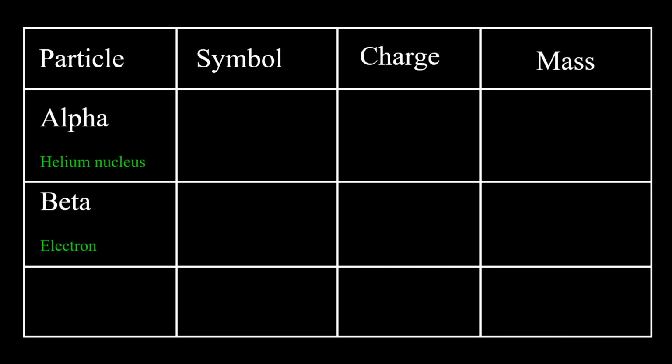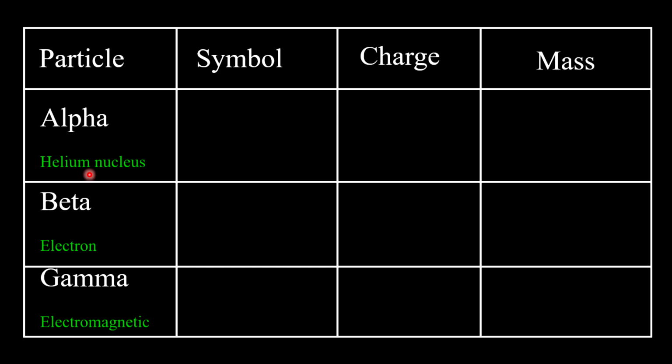The next one we're going to talk about will be the beta particle. The beta particles are fast moving electrons, so their properties are just like electrons. And then we have our gamma particles, which are electromagnetic in nature.